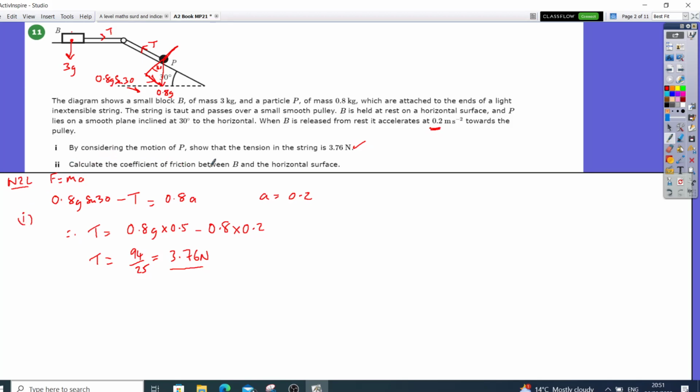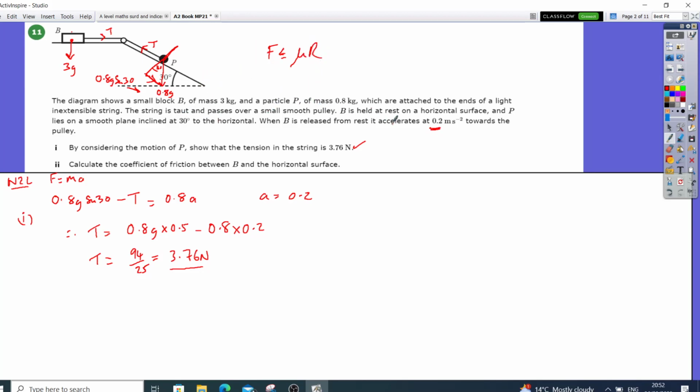Second part: calculate the coefficient of friction between B and the horizontal surface. Well, the pulley is smooth, so there's no friction there. The only friction we're going to get is here. Friction is less than or equal to mu times the contact force.